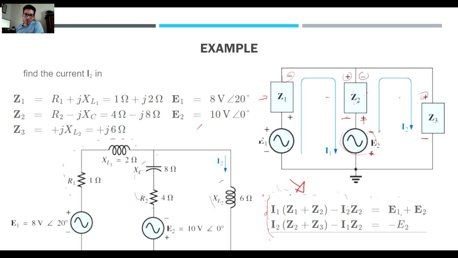A very important thing to mention is that to be able to solve these, if you want to solve them in a calculator or by hand, they have to be in rectangular coordinates, meaning the real part plus or minus the imaginary part. So this phasor notation has to be transferred to real and imaginary. How? We know how to do that. Z times cosine of theta and Z times sine of theta for x and y.